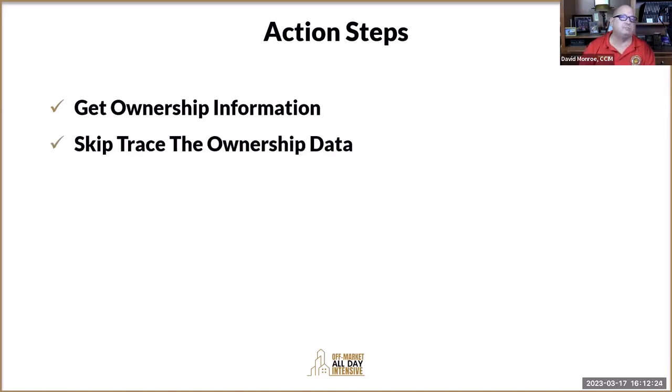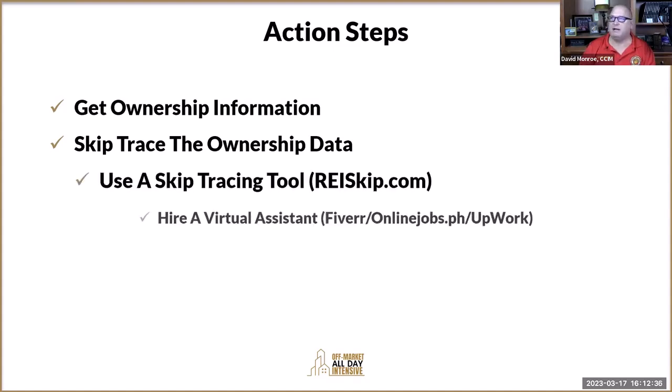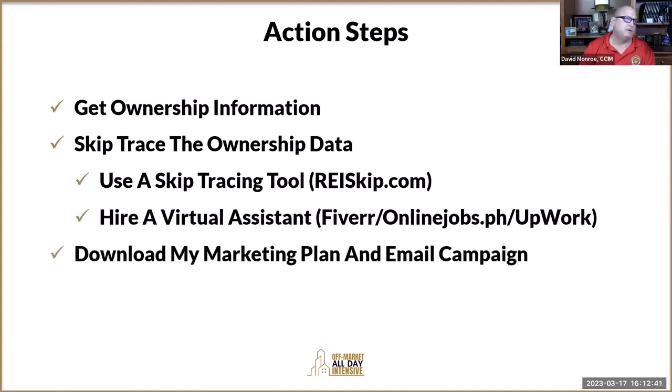Skip trace the ownership data because you're going to want to narrow it down and get more accurate data, and it's not costly at all to do so. Use a skip tracing tool like REI Skip, or hire a virtual assistant to do it for you. Download my marketing plan and email campaign and modify it to make it your own.